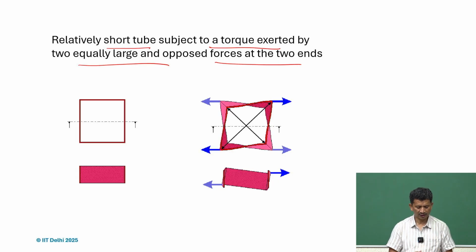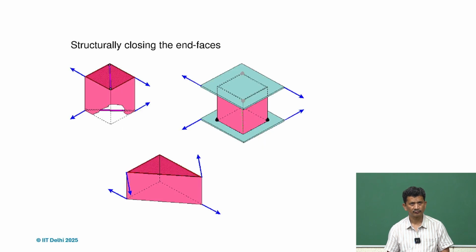And when we do that, we find that these are not torsionally stiff members, they are very compliant. So there will be deformations, which is very evident from here. In this case, what is important is that there is a diagonal deformation and we have to restrict that motion.